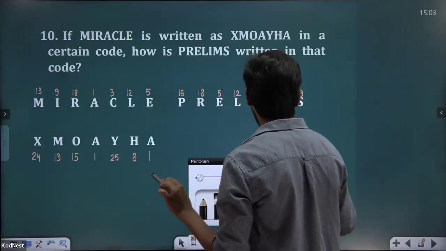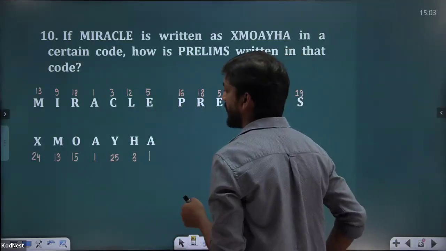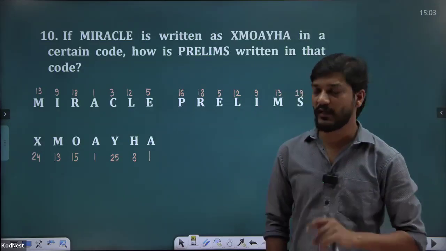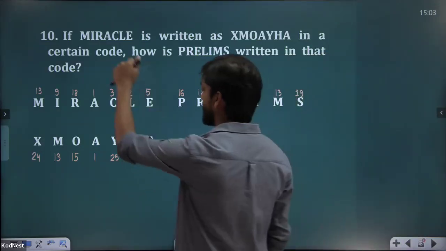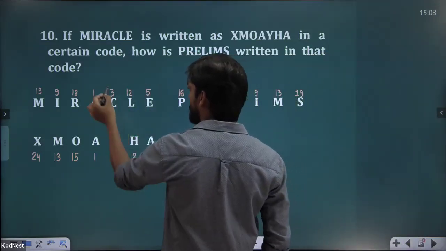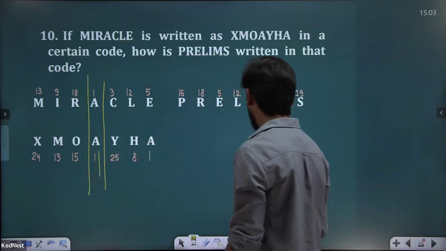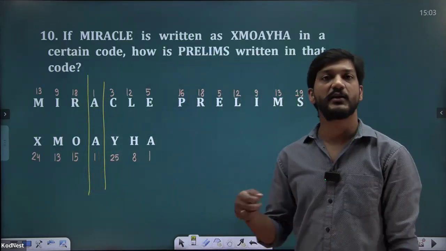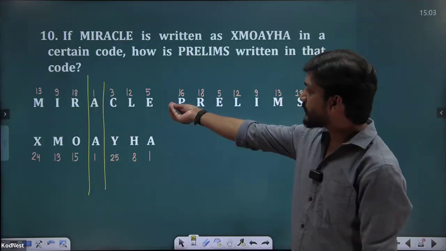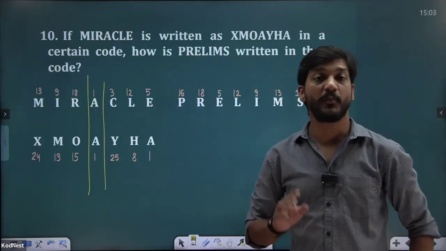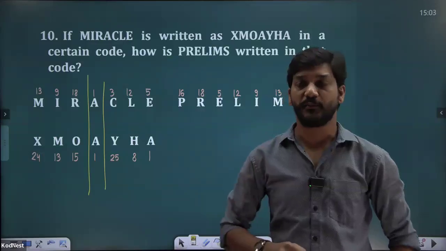Okay. One hint I am giving you. That hint sometimes it will work, sometimes it will not work. If you see the middle letter is same, maybe it is just an observation. It is not actually going to affect the answer, or maybe it is going to affect the answer.